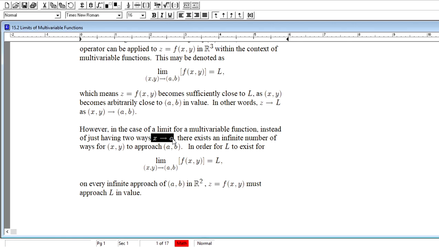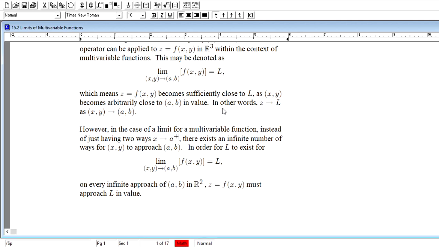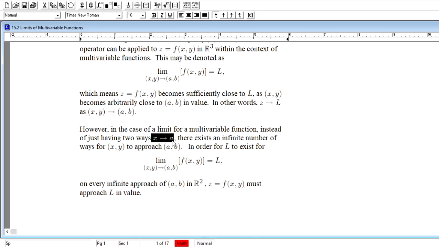X could approach a from values smaller than a, or the left of a along our x-axis, or x could approach a from values bigger than a, from values to the right of a along the x-axis. And to highlight those differences, we often would write what looks like a power, but with a sign there, a negative for approaching a from the left, or a positive for approaching a from the right, as x approaches a.